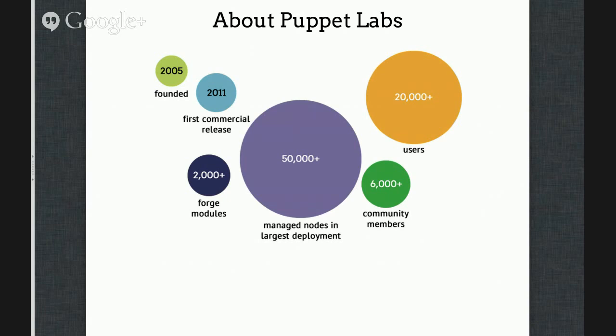Okay, so on the screen just now, we've got some very basic information to try and reassure you that Puppet's actually been around for a while. So you're not actually gambling if you do choose to have a look at this as your configuration management solution. The product's been around for about 10 years or something.